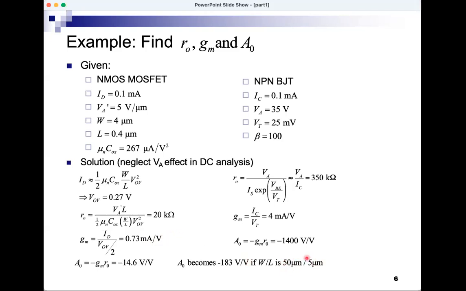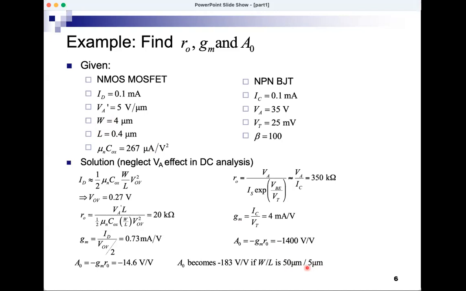It's a 50 by 5. Its width is 50, its length is 5, while the original one was 4 by 0.4. If I take the product W times L as the area of the MOSFET, this was 4 times 0.4, so 1.6 micrometer squared. This one is 250.